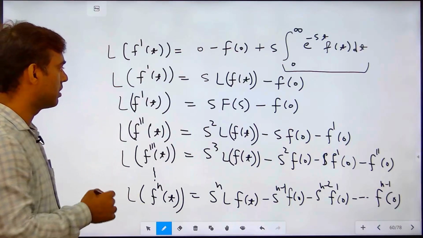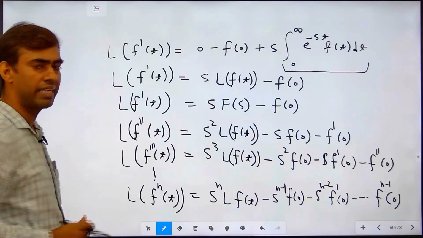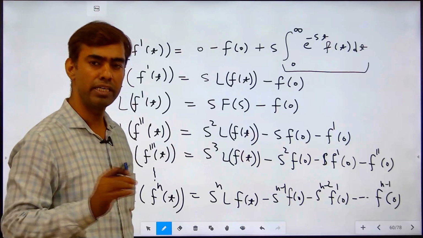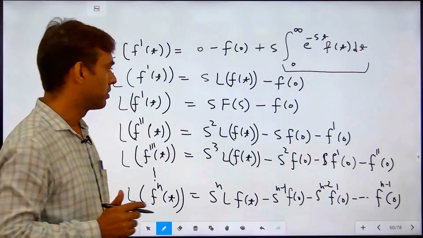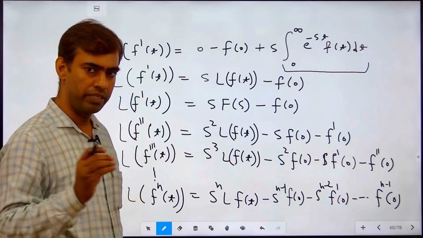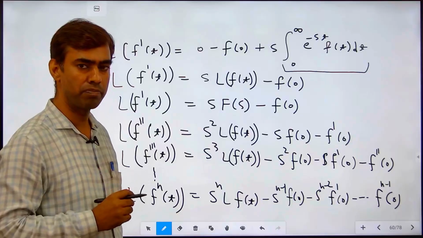So these results can be treated as a formula in order to solve numerical problems.